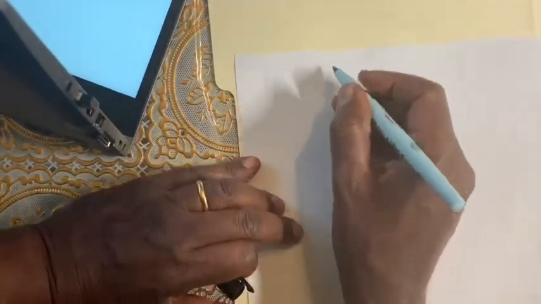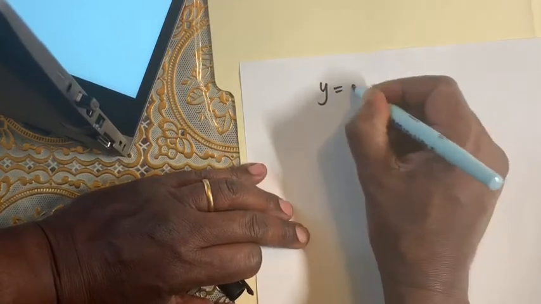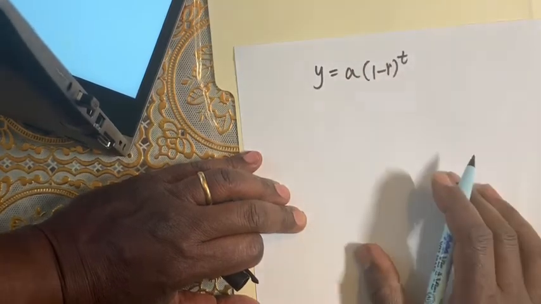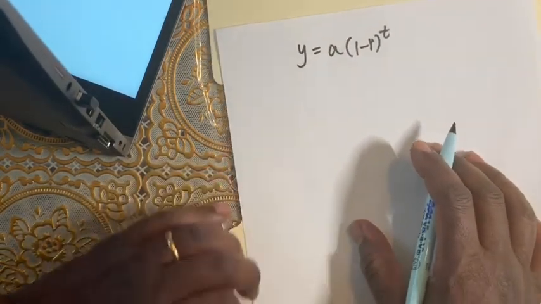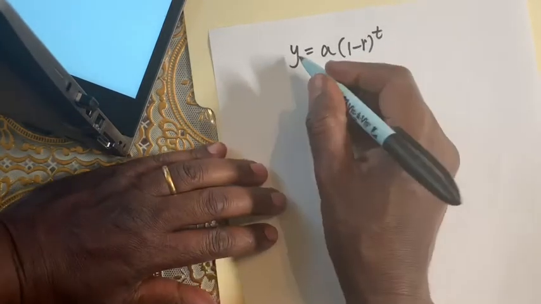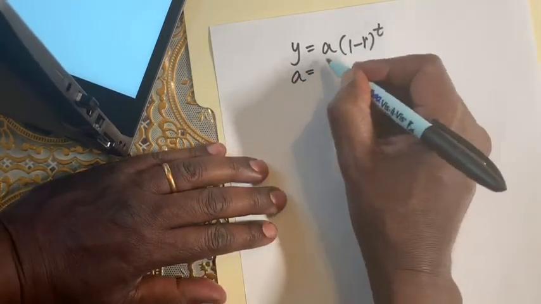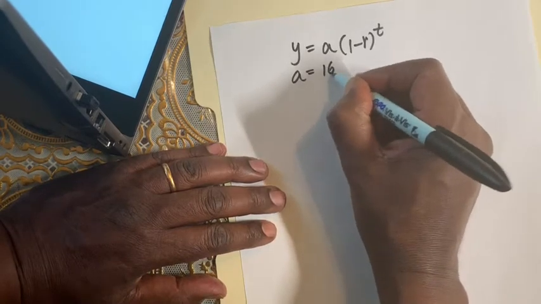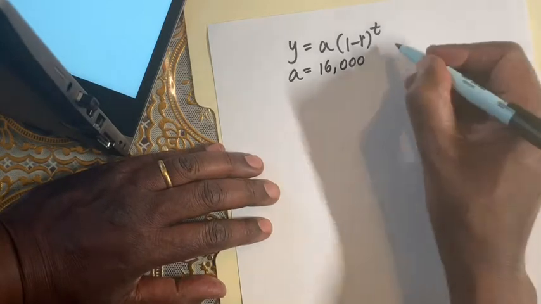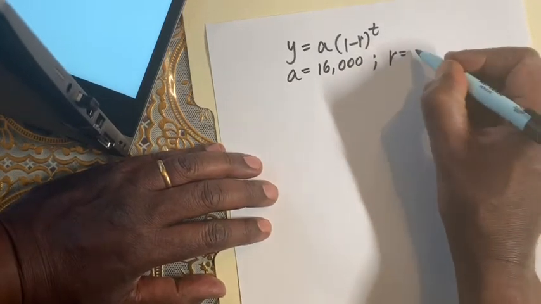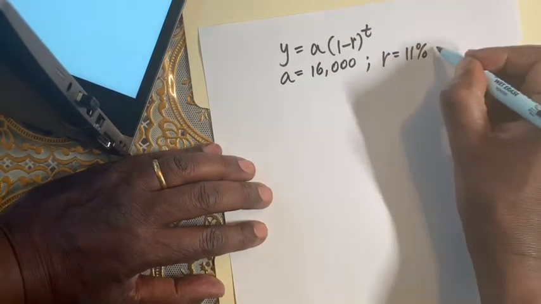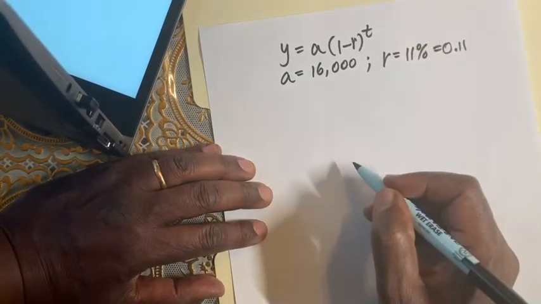The formula we are going to use is y equals a into 1 minus r to the power of t. Now this is an example of a decay rate where a car which was bought at $16,000, and the rate of decrement is 11%. 11% means 0.11.